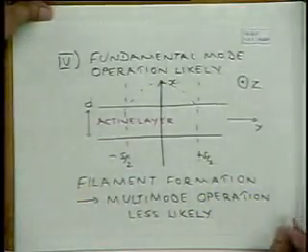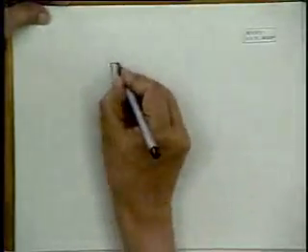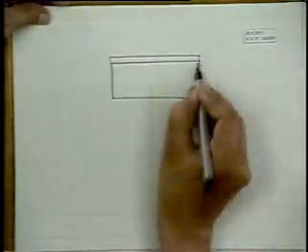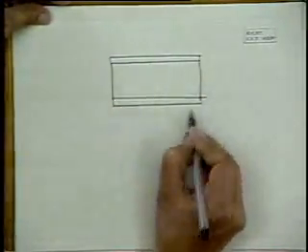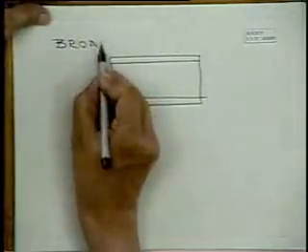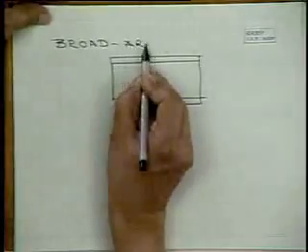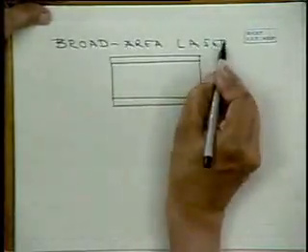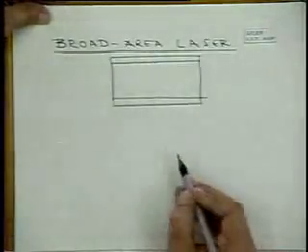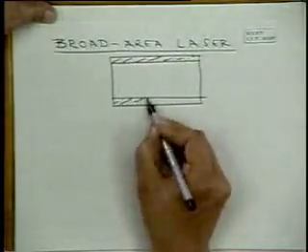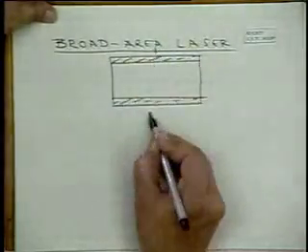So in all such devices, you have the possibility that when you have a large area like this, suppose you take a broad area, as opposed to a stripe geometry laser, you have what is known as a broad area laser. This is okay for device testing. Suppose you don't make a stripe geometry, you make a contact right there, and you pass a current.